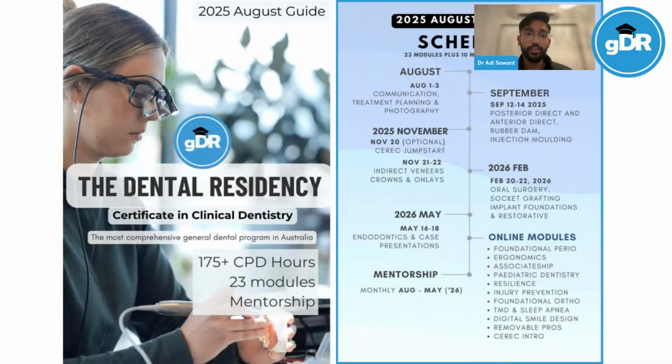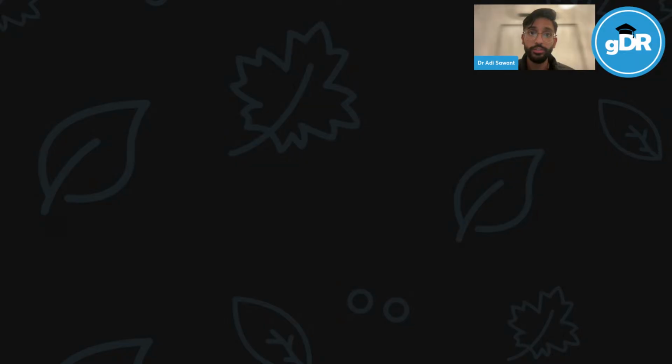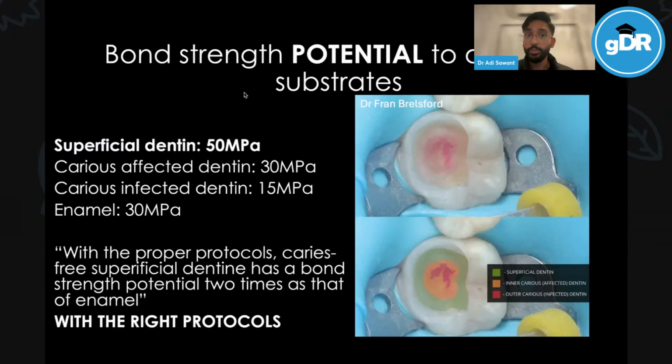This might be surprising to some of you, but the bond strength potential to different substrates is as follows. Superficial dentin, you can actually get bond strengths as high as 50 MPa, if not more. You can see below that, enamel is 30. Now, enamel is quite predictable to bond to, but the potential bond strength for dentine following specific protocols is higher, and that's well established in the research.